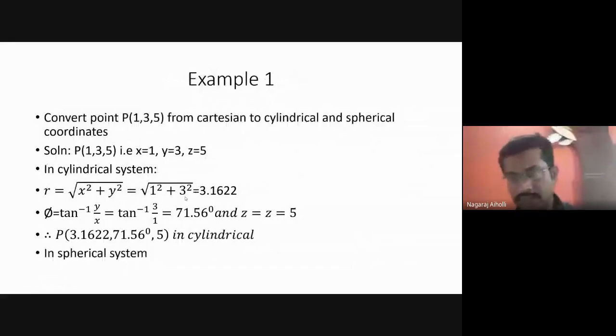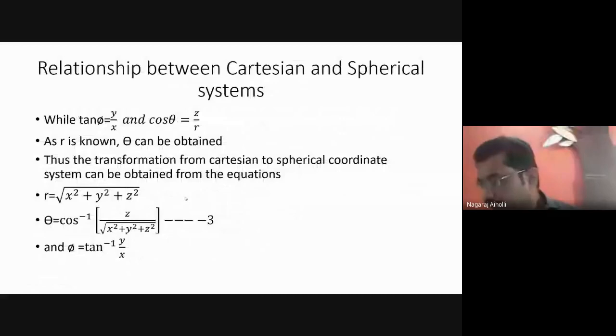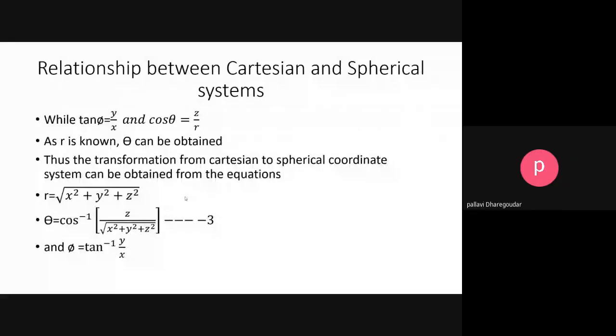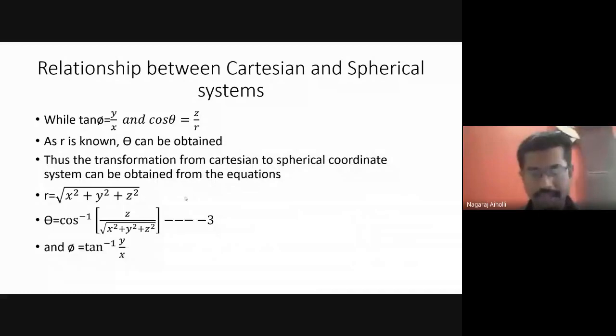Tell me how much you get. 3.162. Yes, you are right. 3.162, correct.